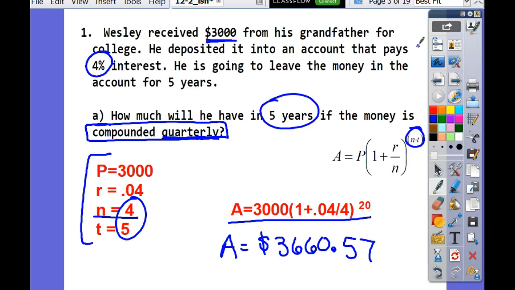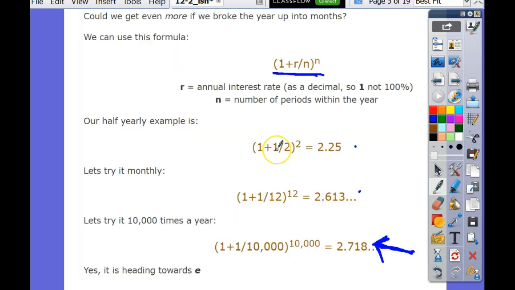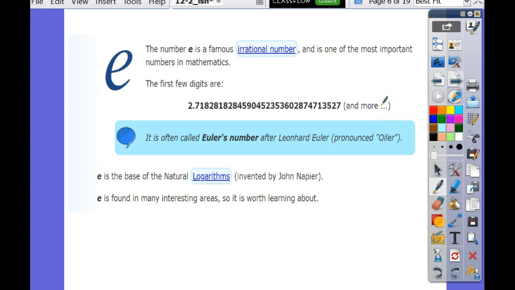Now, before we go on to the next part of this problem, I need to go back. I feel like I didn't do a very good job explaining what the compounded interest thing is. Remember, you ever heard of pi? It's an irrational number that comes up when you do what kind of shape?